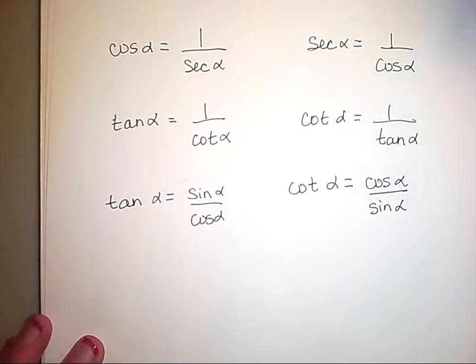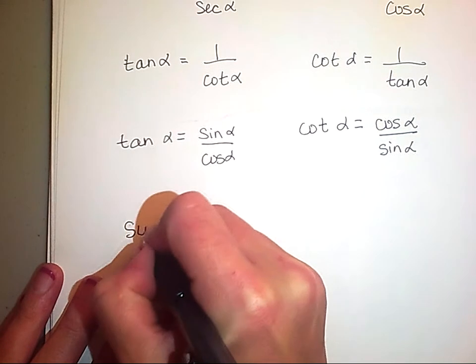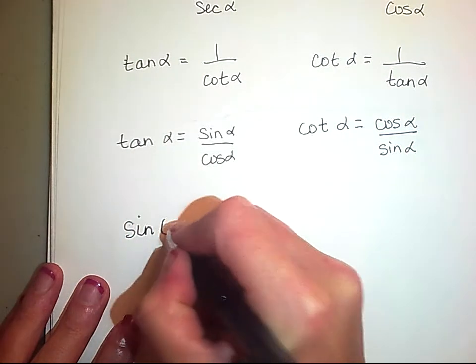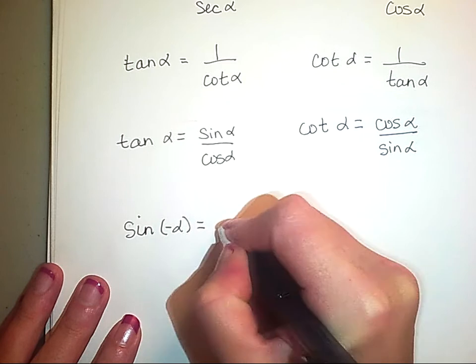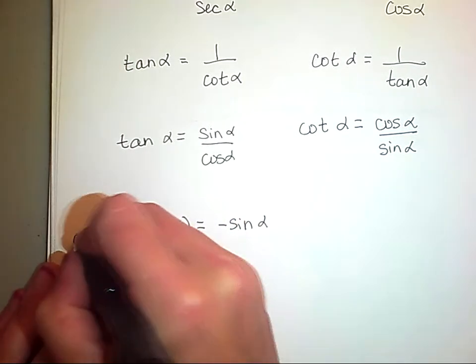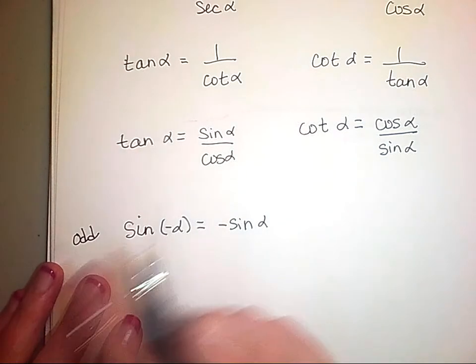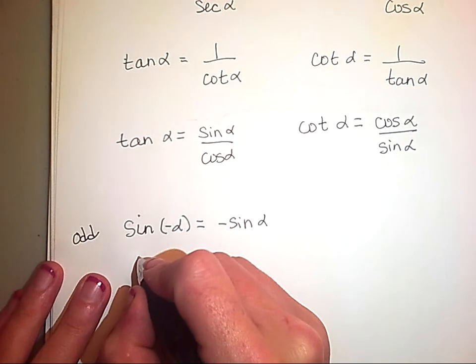We have some even and odd properties. Remember that the sine of negative alpha, we could write that as the negative of the sine of alpha because it's odd. Now, since sine is odd, that also makes the cosecant odd.